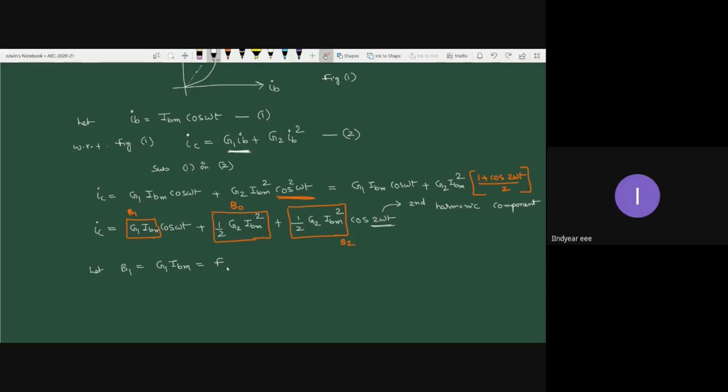Similarly, B2 is equal to half G2 IBM square, the amplitude of the second harmonic component.